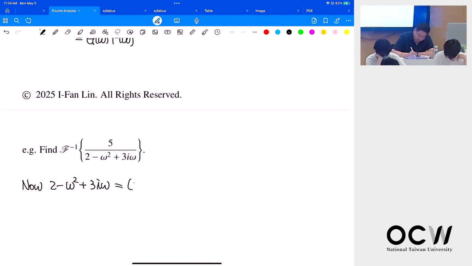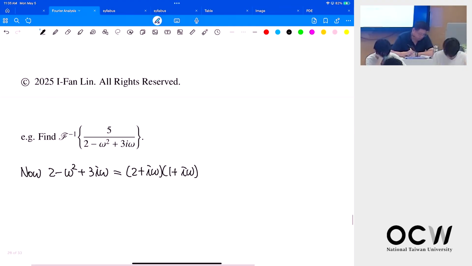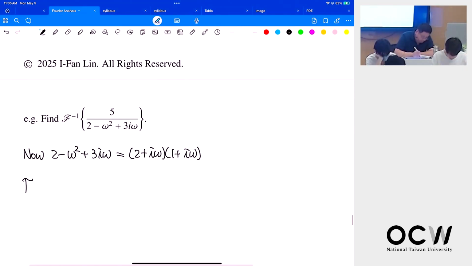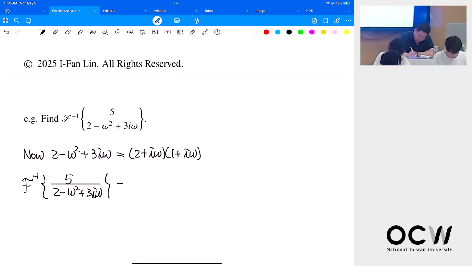That'll be 2 plus i omega times 1 plus i omega. So the inverse Fourier transform of 5 divided by 2 minus omega squared plus 3i omega can be written as 5 times 1 divided by 2 plus i omega, and then 1 divided by 1 plus i omega.